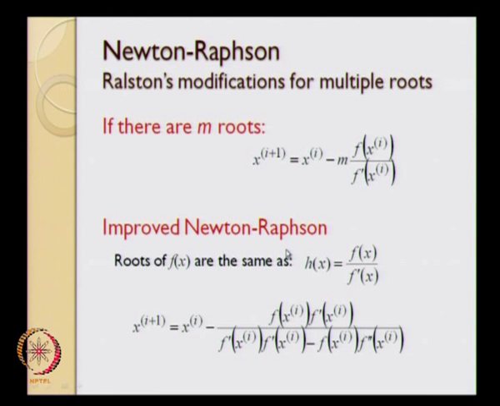Another improved Newton-Raphson's method, based on the Ralston's modification, was this: if we write h of x equal to f divided by f prime, the roots of f of x are going to be the same as the roots of h of x. So all the roots of f of x will also appear as roots of h of x, and based on that we obtained a modified Newton-Raphson's formula.